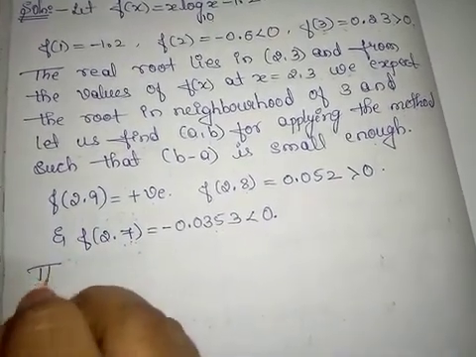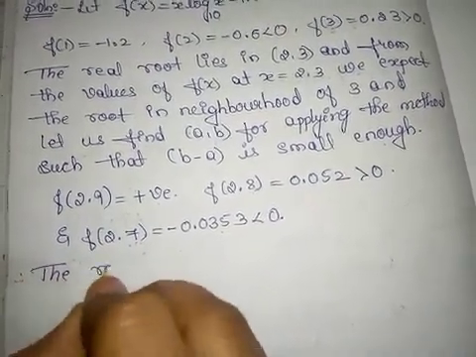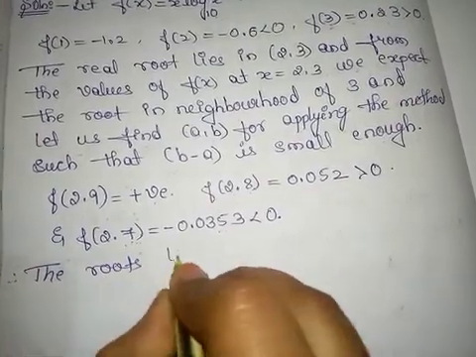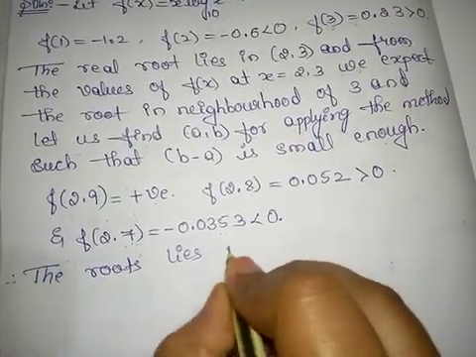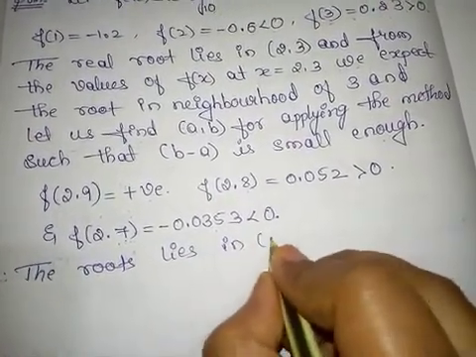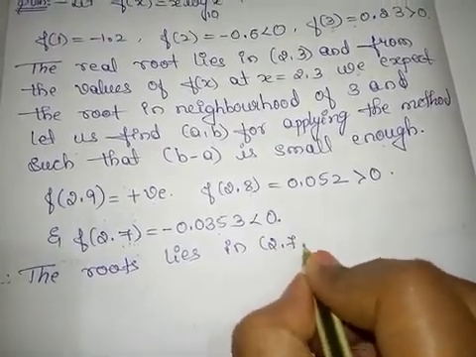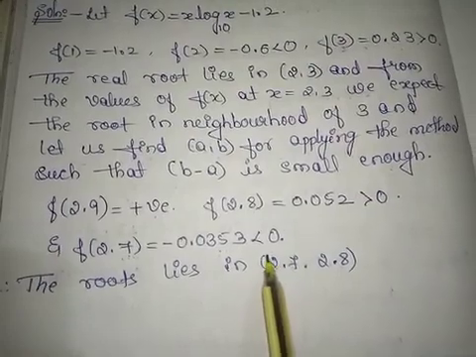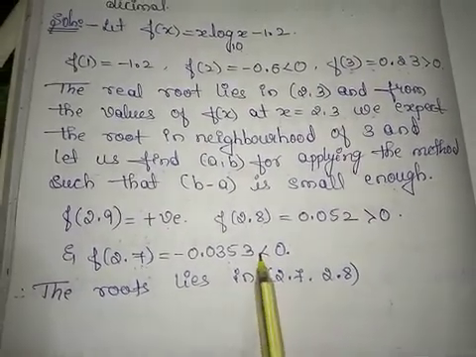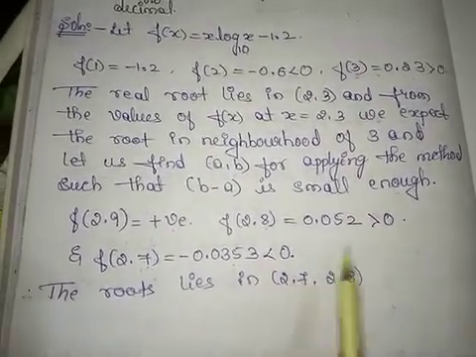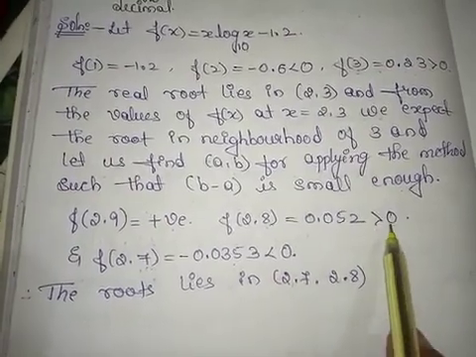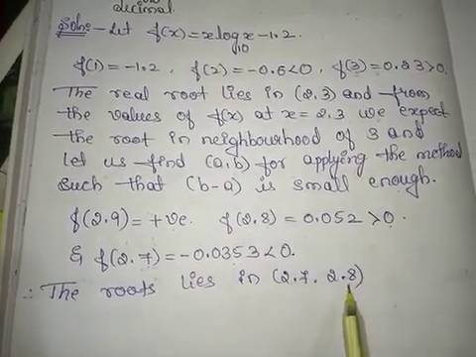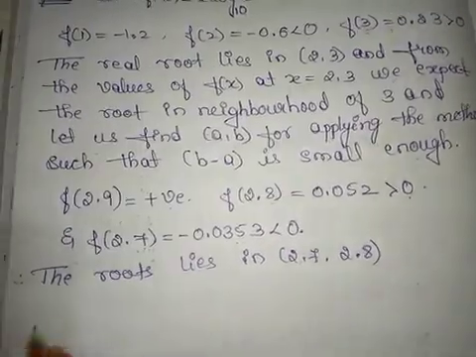Therefore, the root lies between 2.7 and 2.8. The value which gives a functional value less than 0, that is the value of a, and the value which gives a functional value greater than 0, that is the value of b.